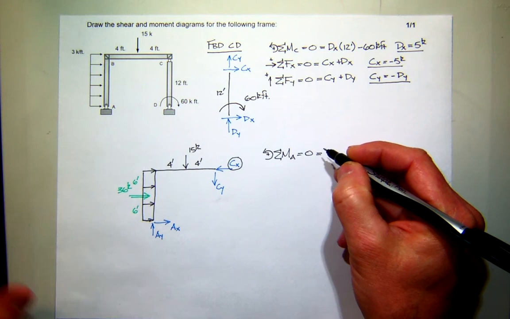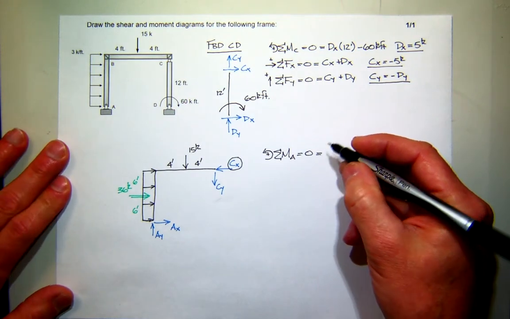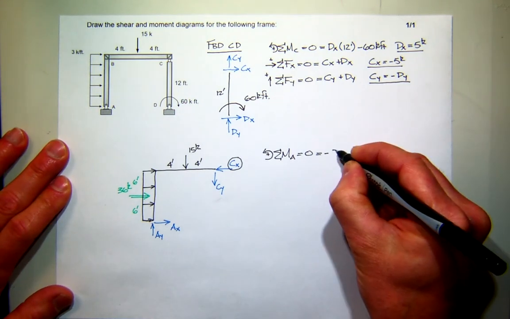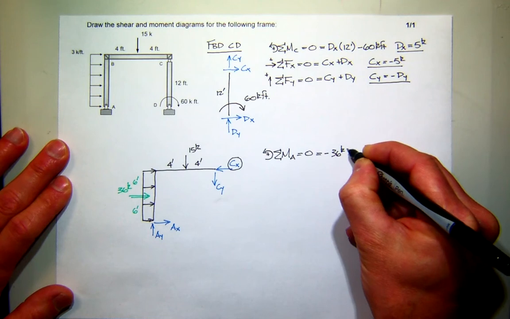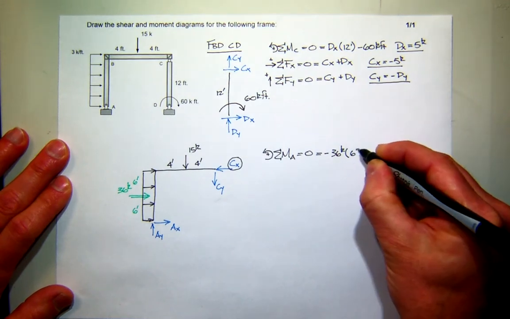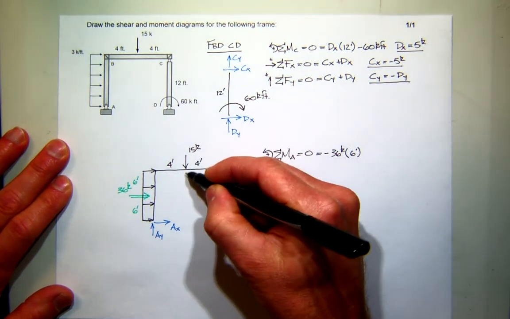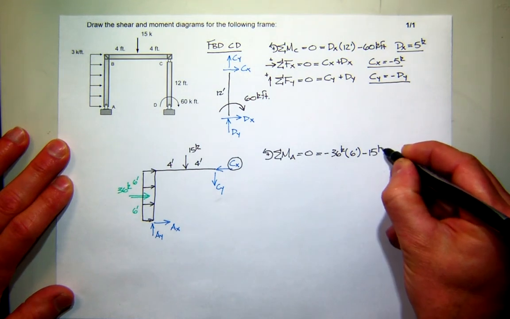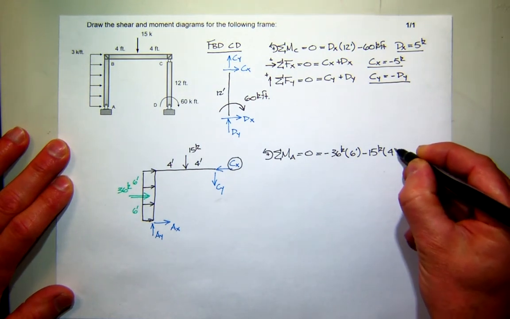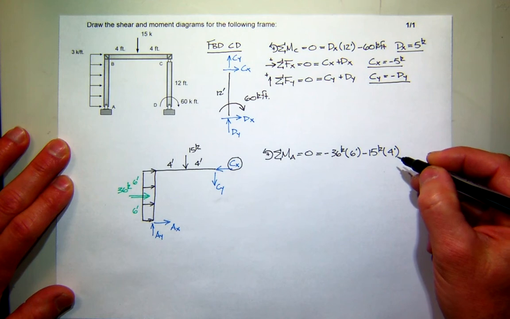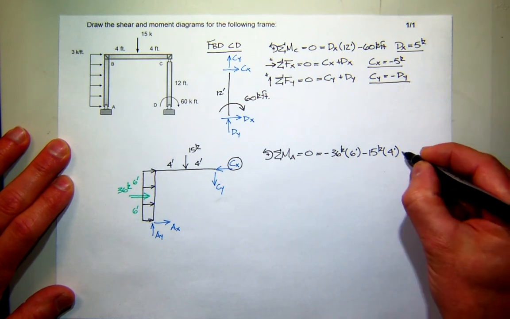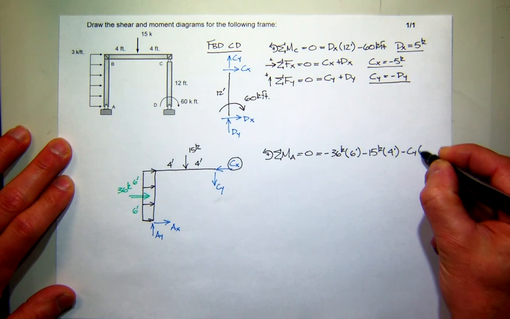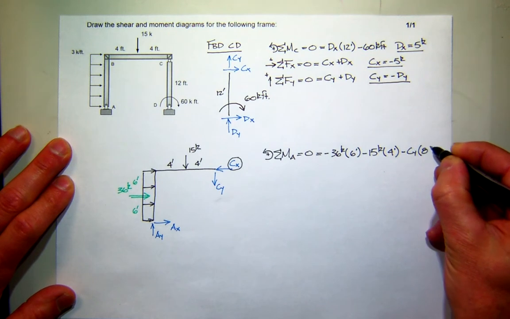So my applied force, my 36 kip force, is creating negative moment. So 36 kip force at a moment arm of 6 feet. How about the 15 kip force, positive or negative? Negative. So that's 15 kips. Its moment arm is 4. Then I have CY acting down, which also creates negative moment with a moment arm of 8.